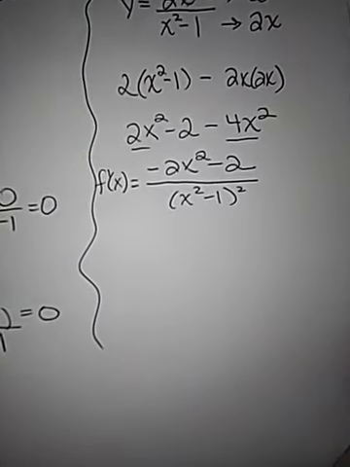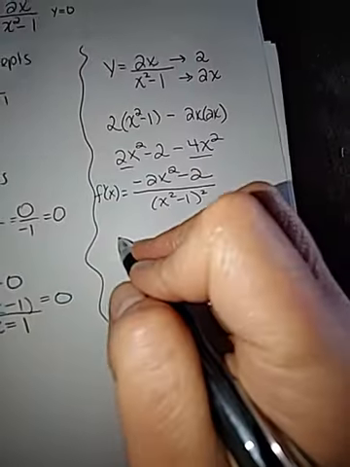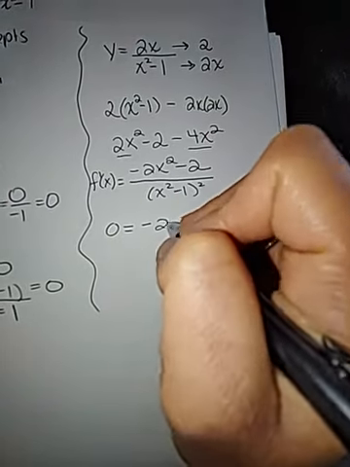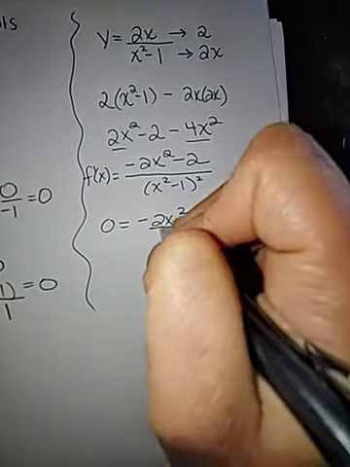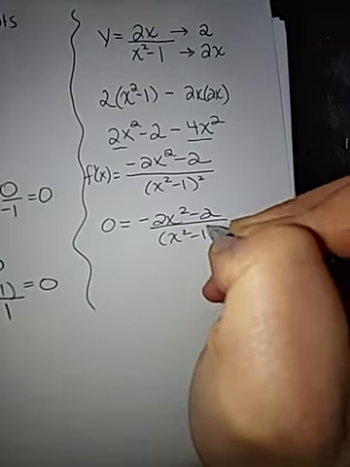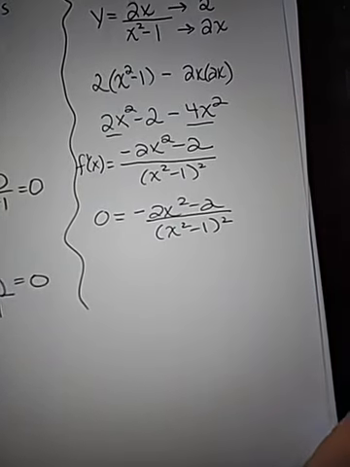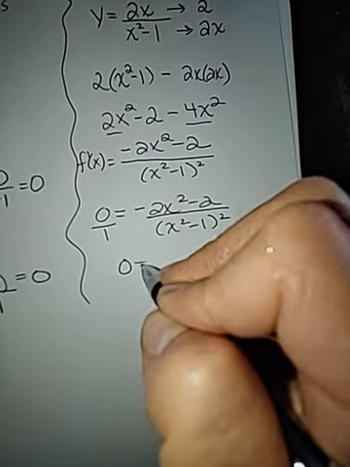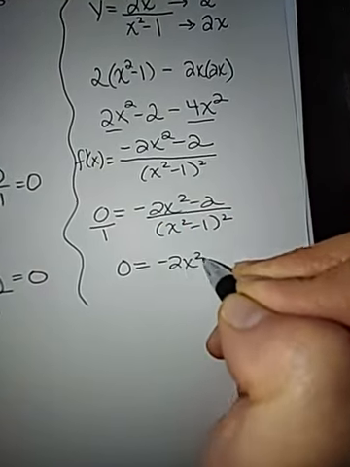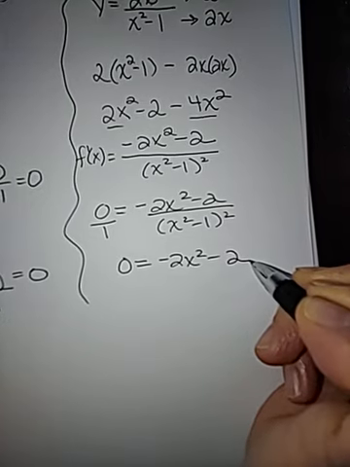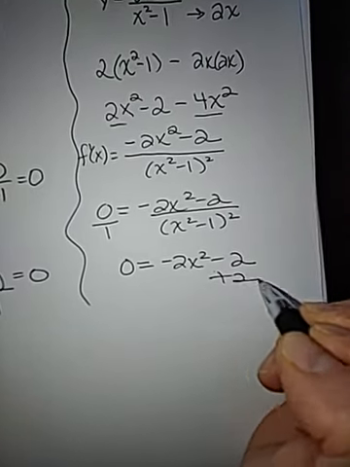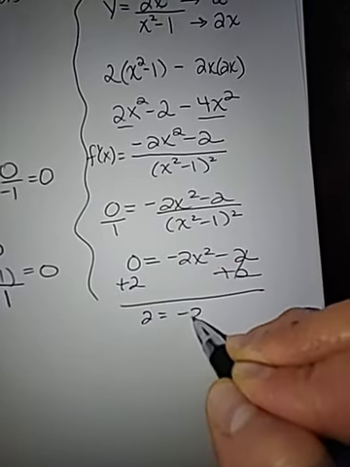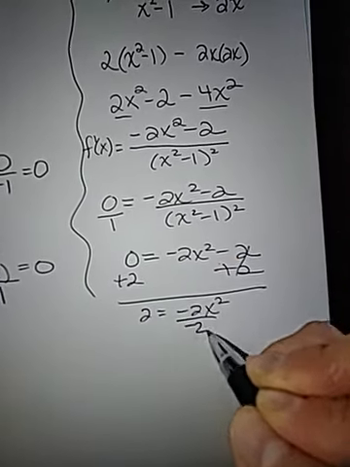Okay, so this is my first derivative. Now to find my relative extrema, I'm going to set the first derivative equal to 0. And you notice the same thing happens if I put 0 over 1. I cross multiply, I get 0 equals negative 2x squared minus 2. I'm going to add 2 to the other side. I'm going to divide by negative 2.